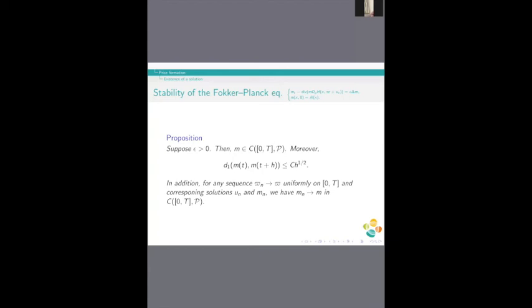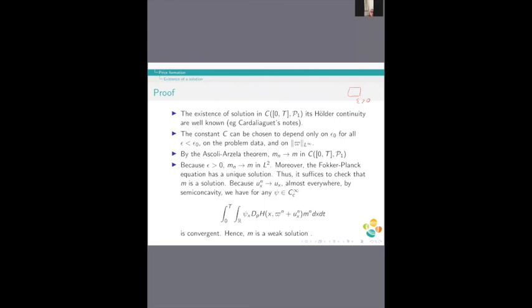And here we need to solve the case where epsilon is positive, and then there is a delicate limiting procedure to send epsilon to 0 in the general case. So the existence is fairly standard, and this continuity is fairly standard.